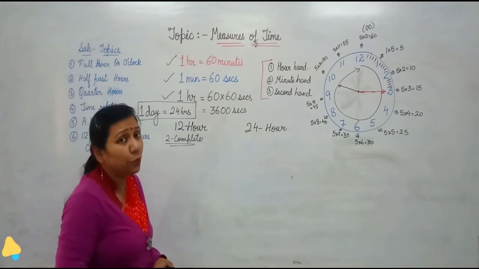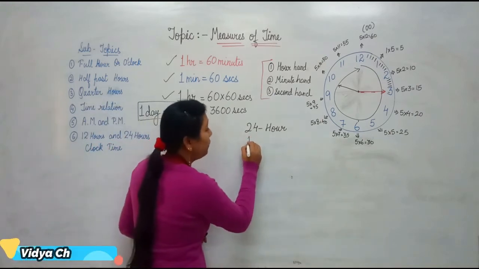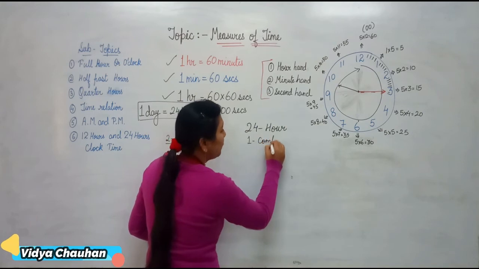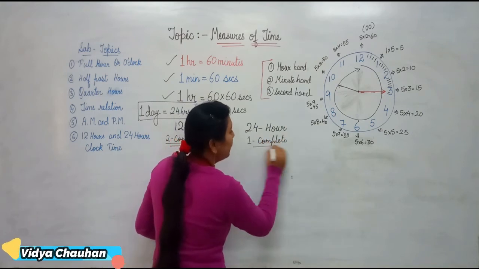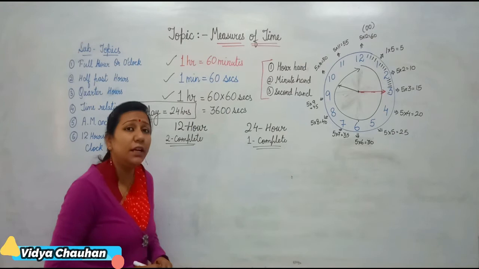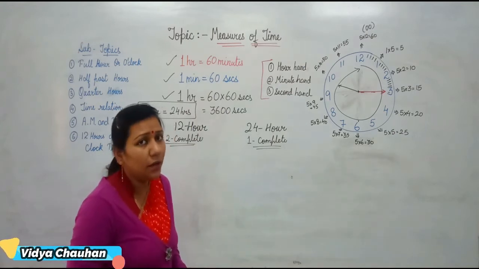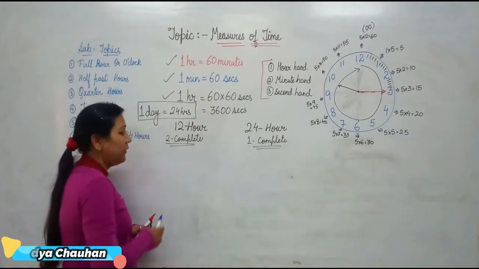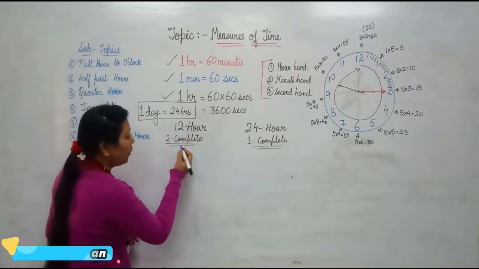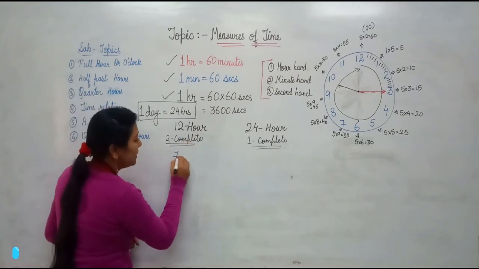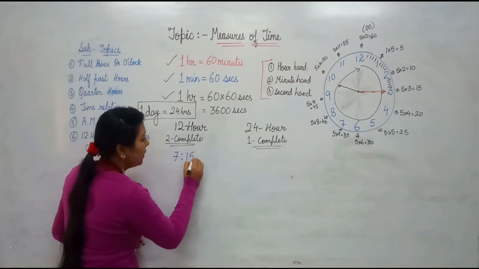Then it becomes the 24-hour clock. And if there is only 1 complete round, it is considered the 12-hour clock. Now what if I take an example for the 12-hour clock? Suppose your time is 7:15 AM.